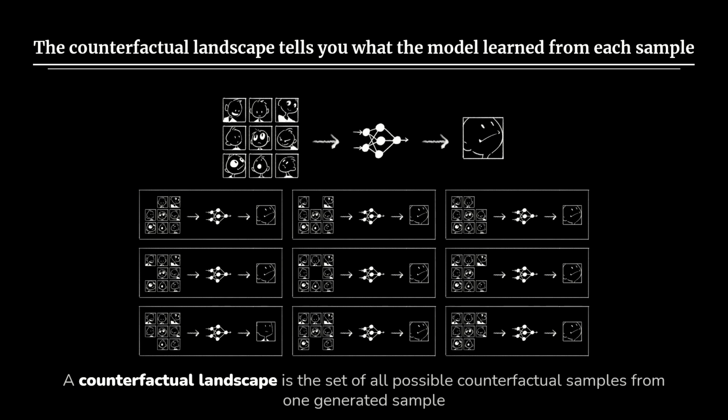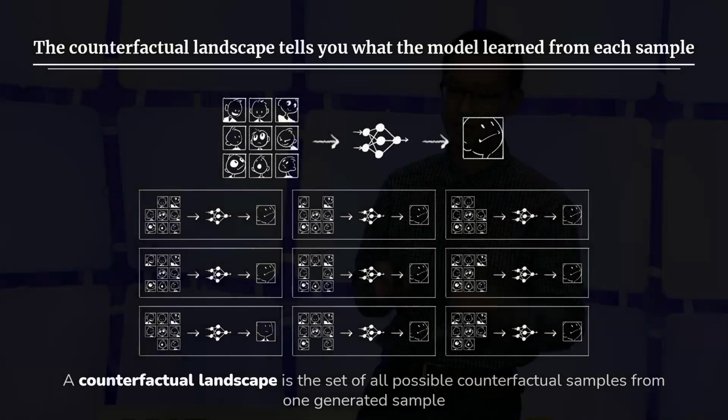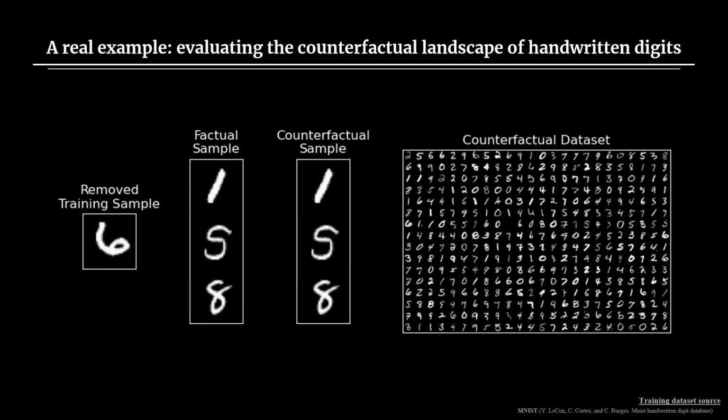Okay, so that's a cartoon. What does this look like in real life? What does this look like when you look at a real example? Well, here what we did was we trained a digit generator on about 400 different digits. And then we used that model to generate a couple of samples, which I show in the column that's labeled the factual samples.